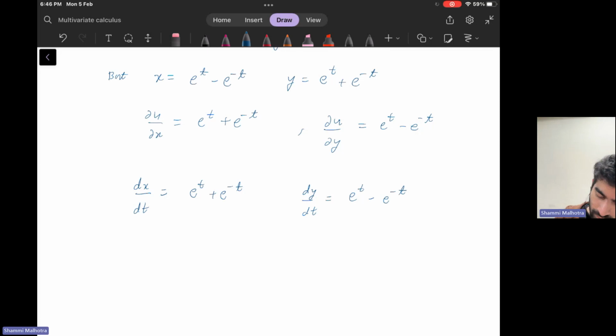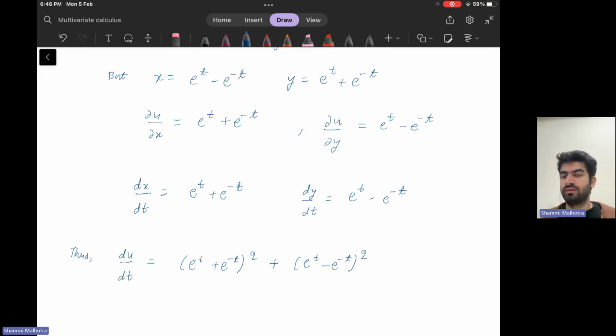Thus du by dt would be the product of these things: (e^t plus e^-t) whole square plus (e^t minus e^-t) whole square.